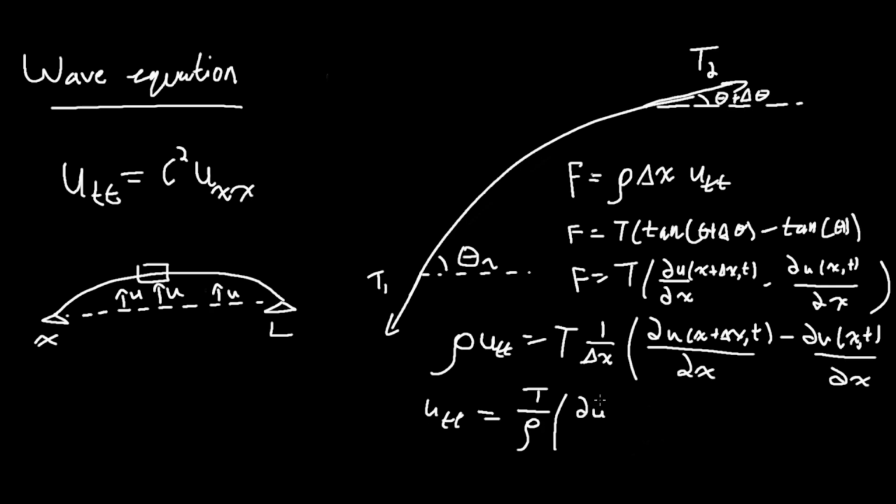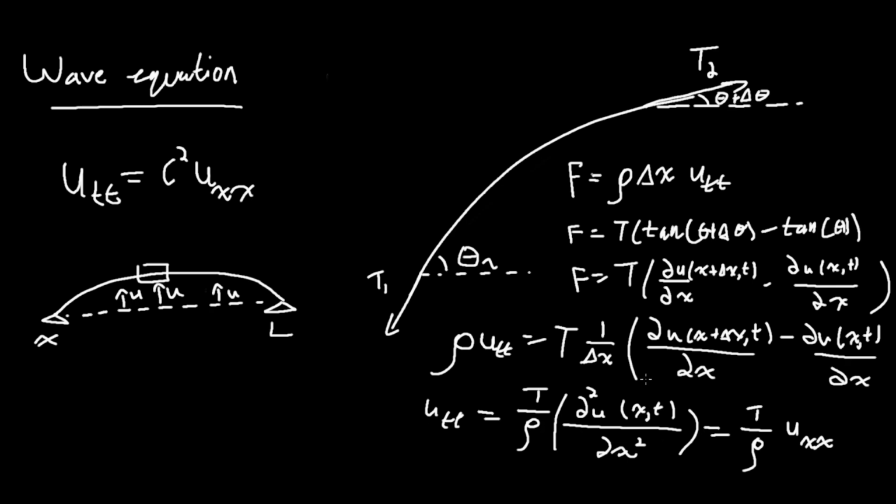I think this is squared. x comma t over, so this is actually the derivative of this, which is equal, again, to tension over rho, the second derivative of position with respect to x.